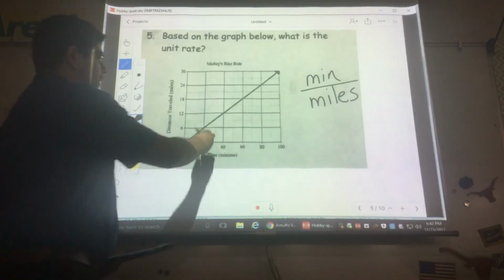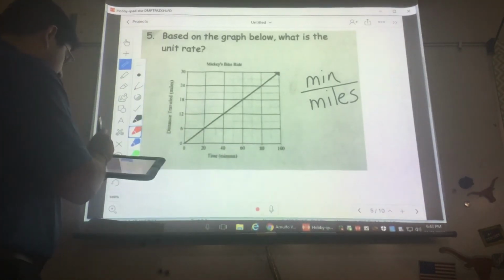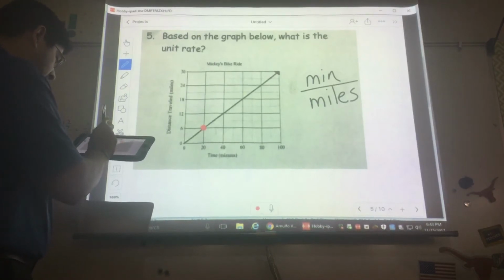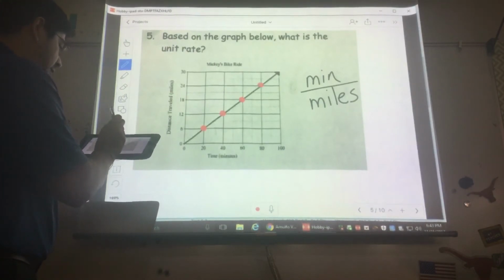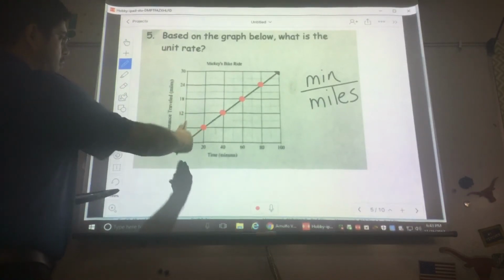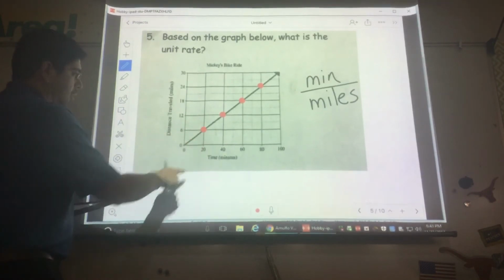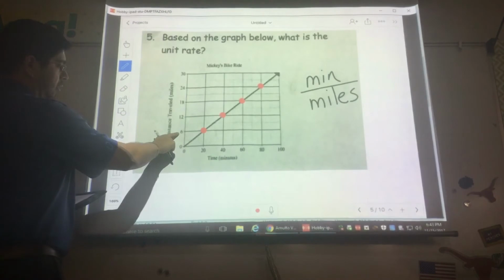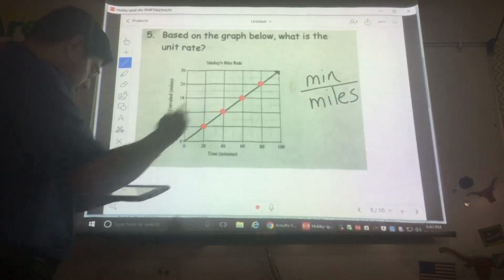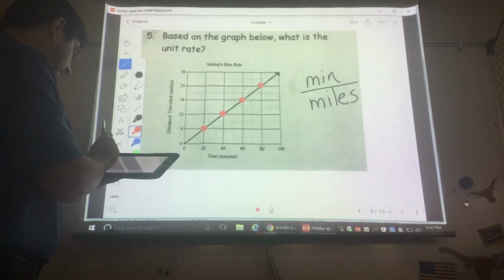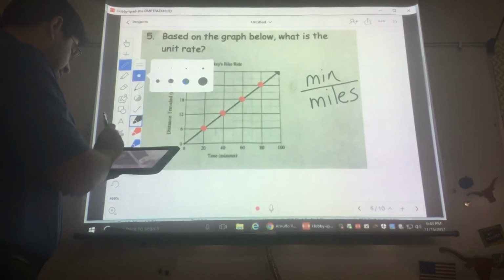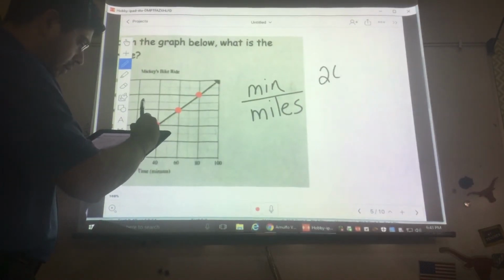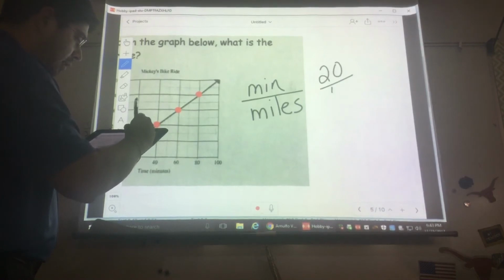So what I need to do is just find a point here. I can pick any point. I'm going to do this in red, and I'll make them a little bit big. So like there. So I can pick any one of these points and look. So in 20 minutes, it takes you to ride 6 miles. So let me go back, get my black pen. 20 minutes, we bike 6 miles.